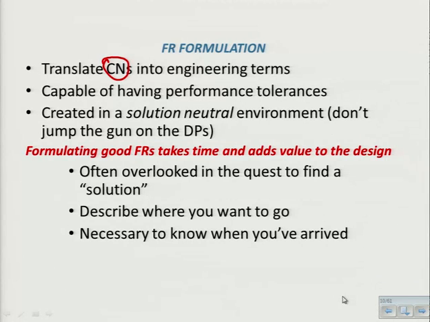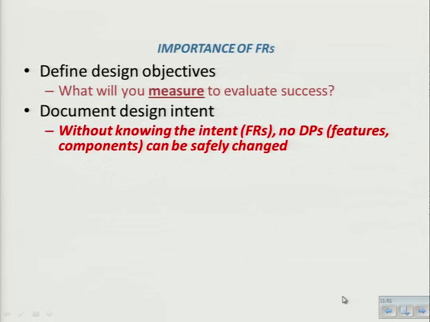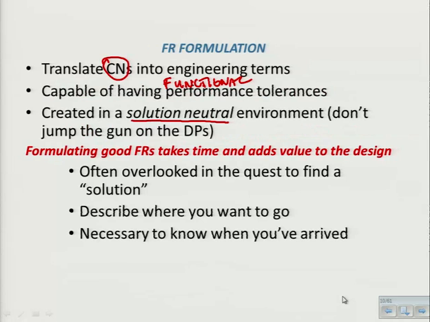So these need to be capable of having tolerances, performance or, say, functional tolerances. So some sort of performance or functional tolerance. We want to formulate these in a solution-neutral environment. So we don't want to jump the gun with how are we going to fulfill this FR.